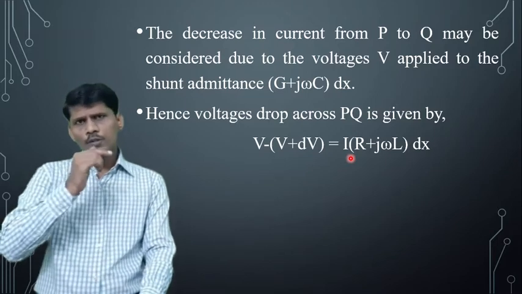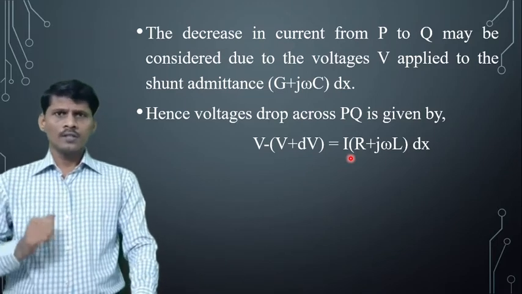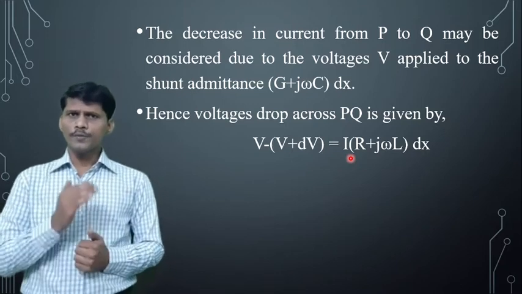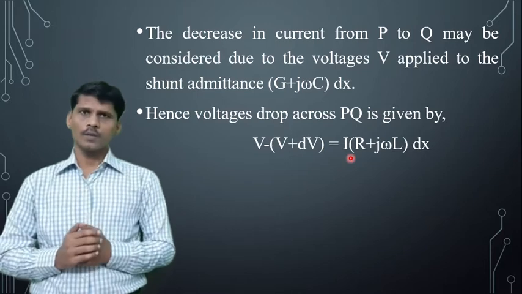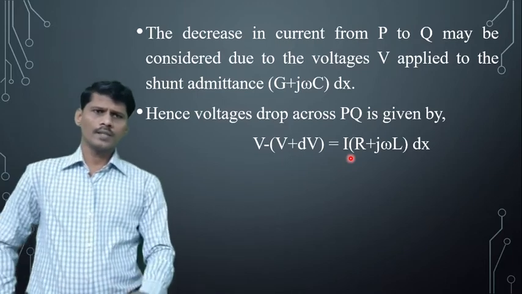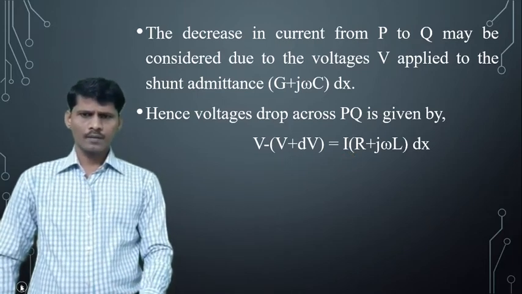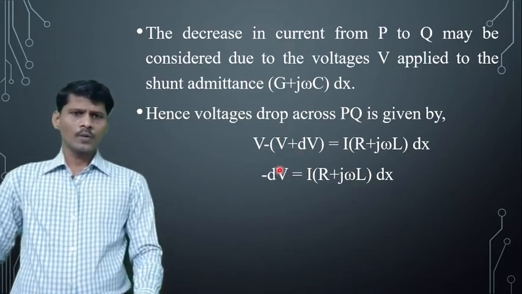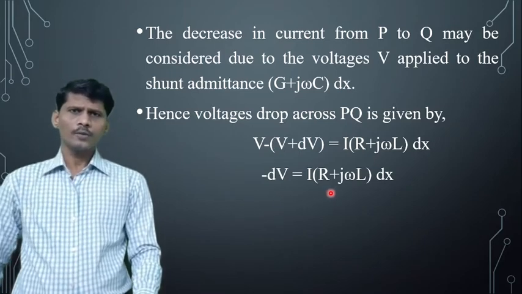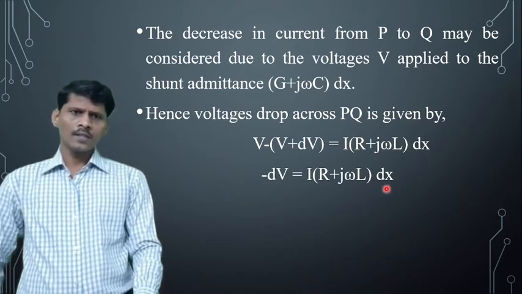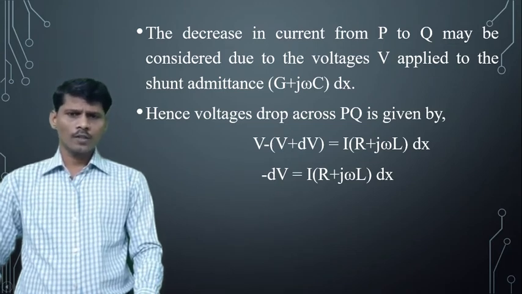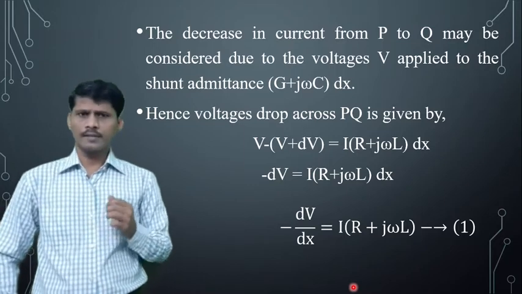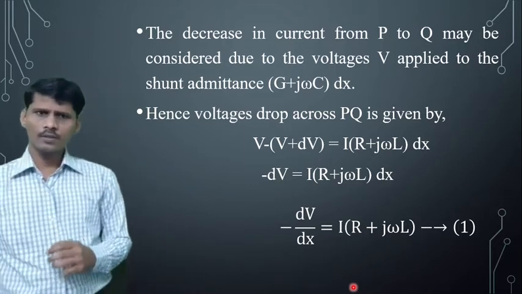Therefore, V minus (V plus dV) equals I into (R plus j omega L) into dx. On the LHS, plus V minus V cancels. We have minus dV equals I into (R plus j omega L) into dx. Dividing by dx, we have minus dV by dx equals I into (R plus j omega L). That is equation 1.